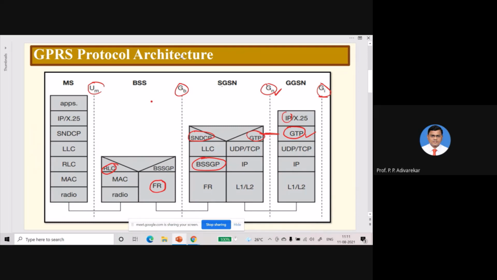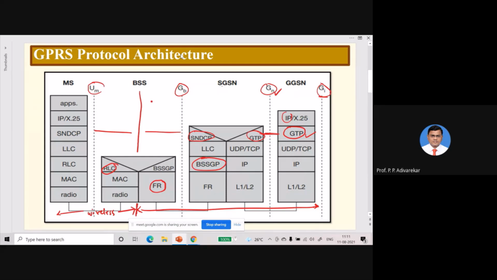The wired network will be up to this. From this side is the wired network. And from MS to BSS we know, from MS to BSS it is wireless. That we have seen already, this part and this part.